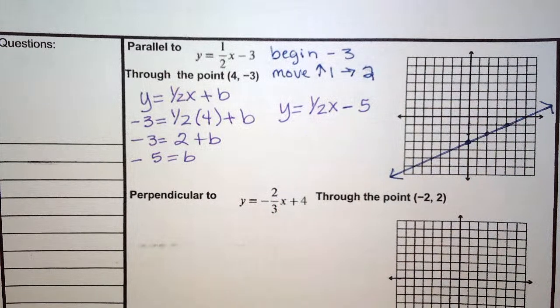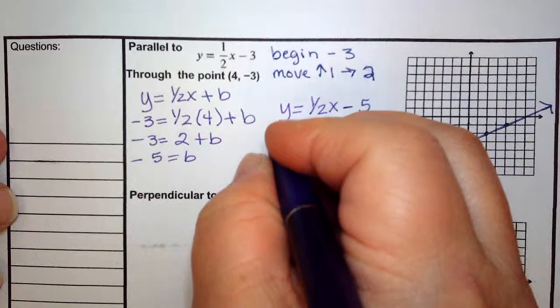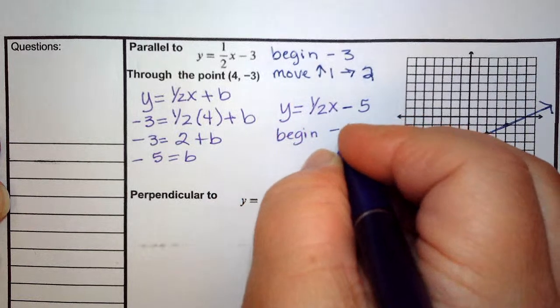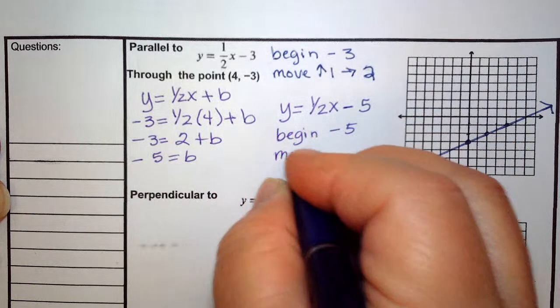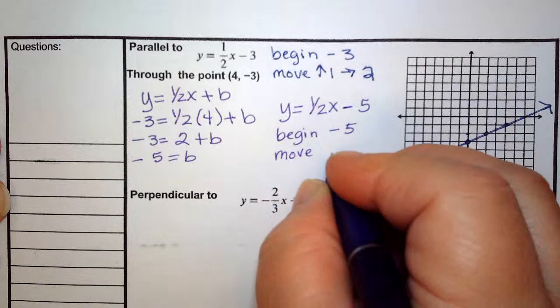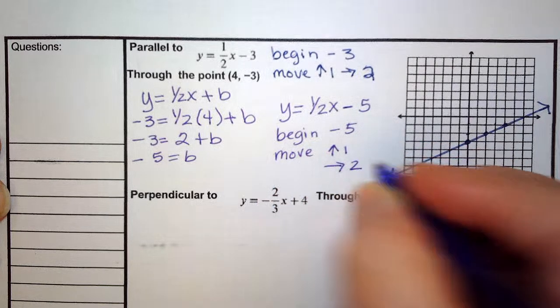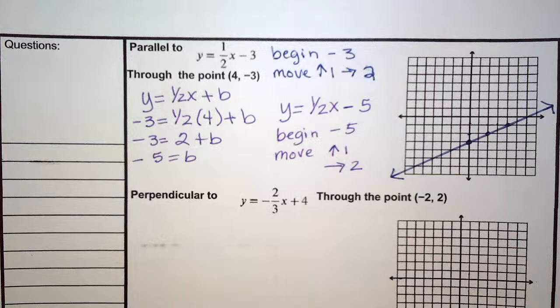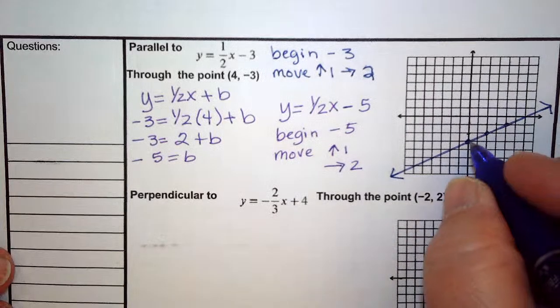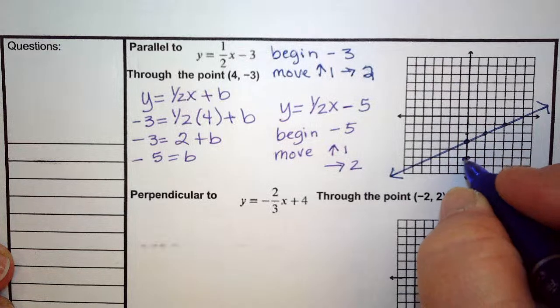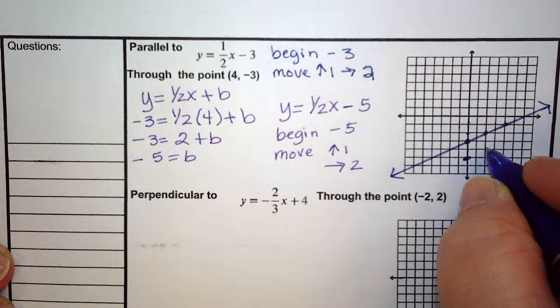So I start at -5. And I move up 1, right 2. -5, up 1, right 2.